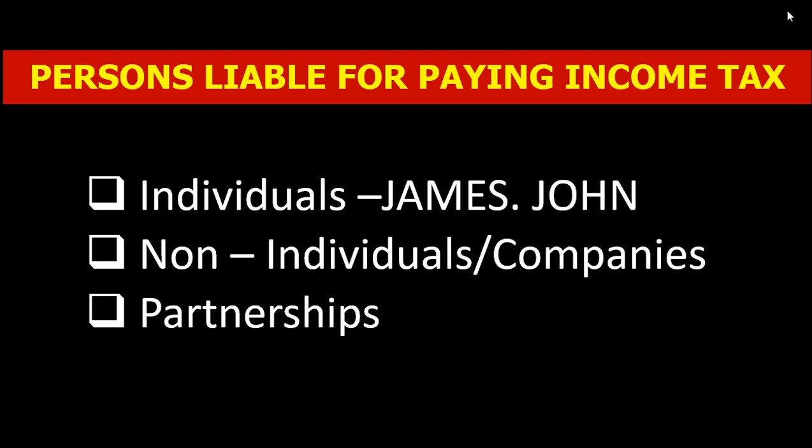Then partnerships could be a combination of two or more individuals doing business in common with the purpose of earning profits. So what we do in this case, we look at the profit of the partnership, then distribute it in their profit sharing ratios. Then we look at what each partner has received as income.